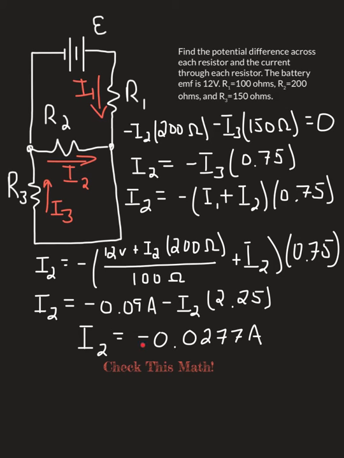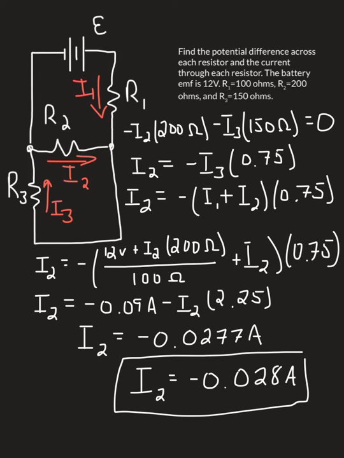This is not considered to be a mistake. This is not something that you would lose points for, and that's why you don't need to worry about your choice of direction for current. If you happen to pick the wrong direction, you'll be signaled that later in your algebra when you get a negative value for current.